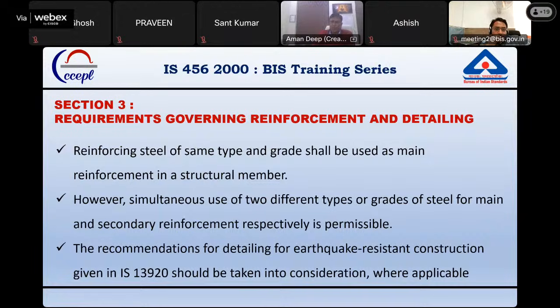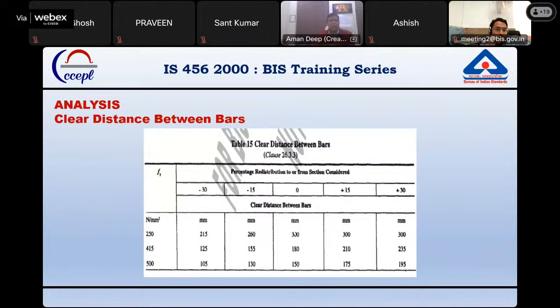From the earthquake safety point of view, IS 13920 gives the special confining reinforcement requirements and many other things which we all need to know. Clear distances between the bars are also given because we do not want a lot of congestion within the members, and we should have adequate anchorage of the reinforcement bar with the concrete. If we have lesser clear distances, then the moment distribution and other aspects get affected.